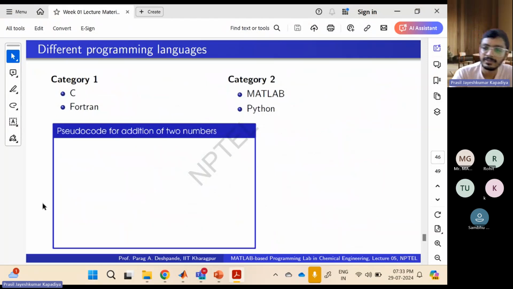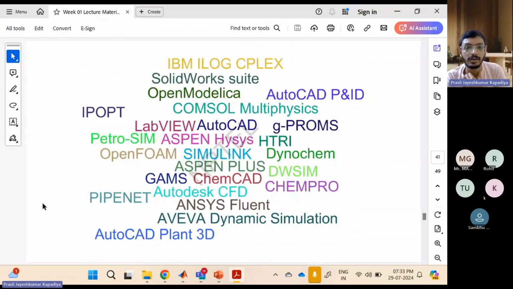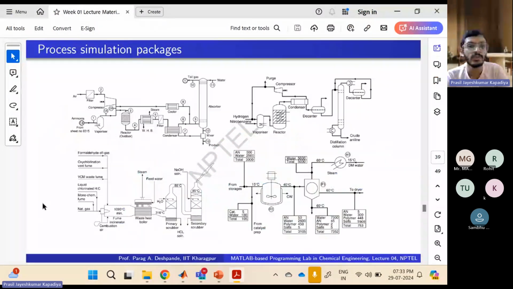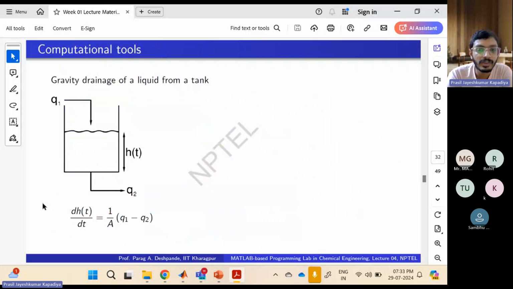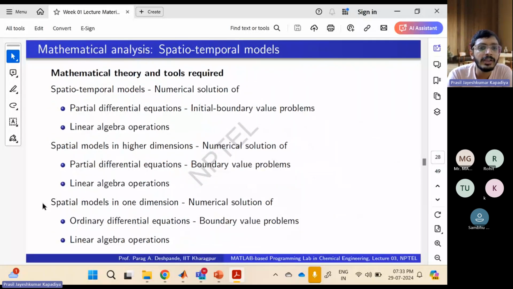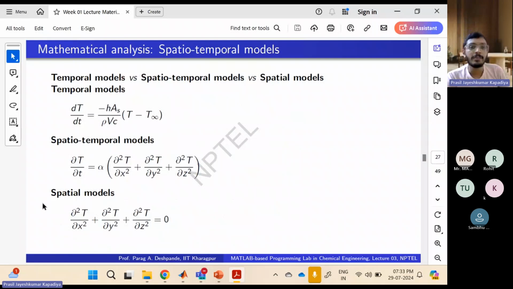Is this clear, guys? Have you checked the lectures or not? I don't know. I will show you. Yeah, here. See, temporal, spatial, and spatio-temporal. In this model we can see that the temperature is only varying with time. In this spatio-temporal model, temperature is varying with time as well as with space, that is x, y, z.